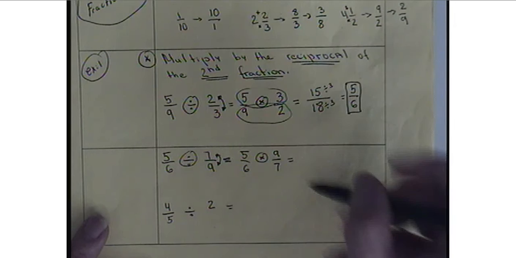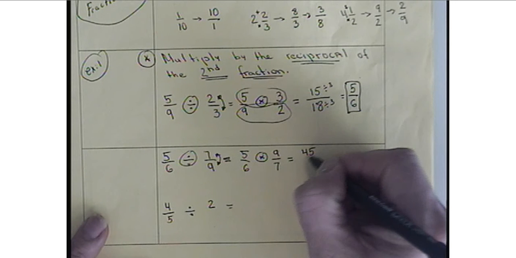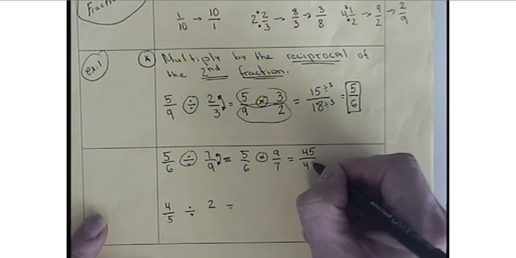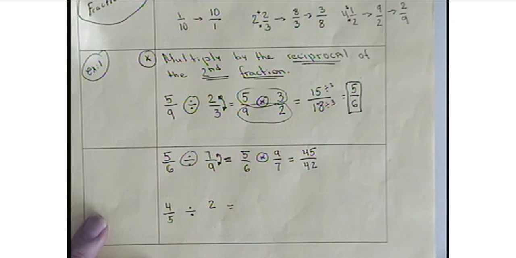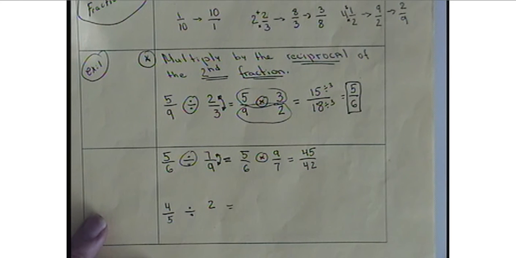5 times 9 is 45. 6 times 7 is 42. 45 over 42, both of those are divisible by what number? Let me think about it. Actually, I can't think of any number that both of them are divisible by.